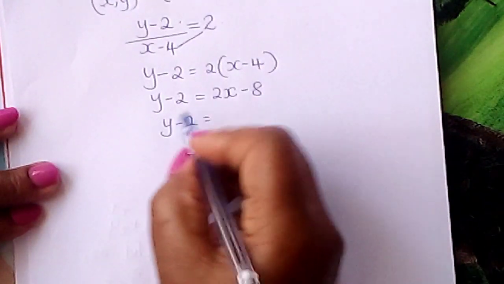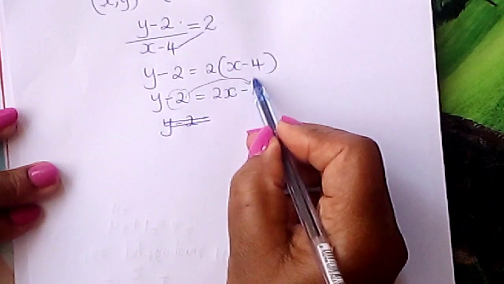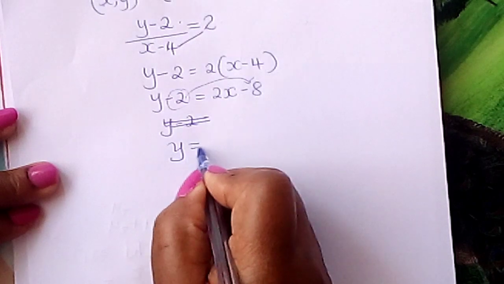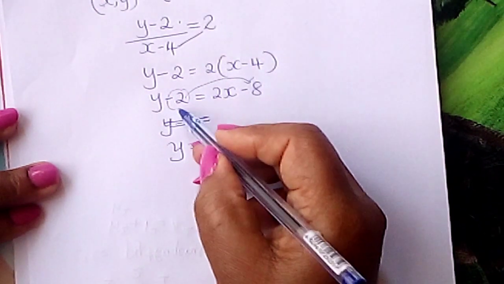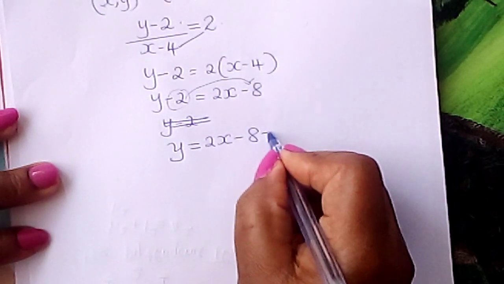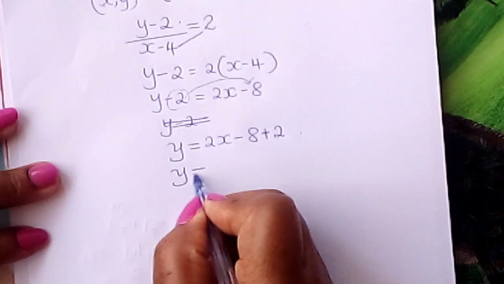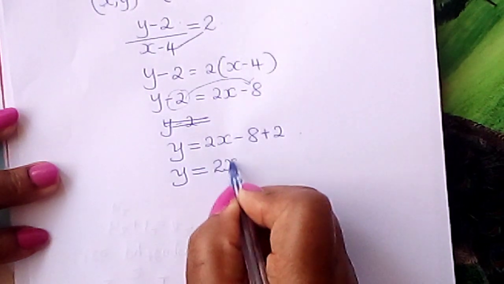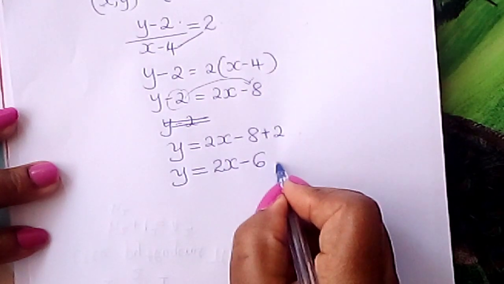And therefore y minus 2 is equal to 2x minus 8. We should take this to the other side, like that. Minus 2 coming to this side becomes positive. And therefore your y, learner, gives you 2x, minus 8 plus 2 gives you minus 6.